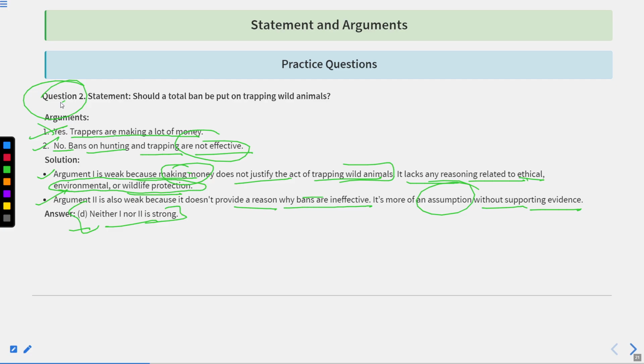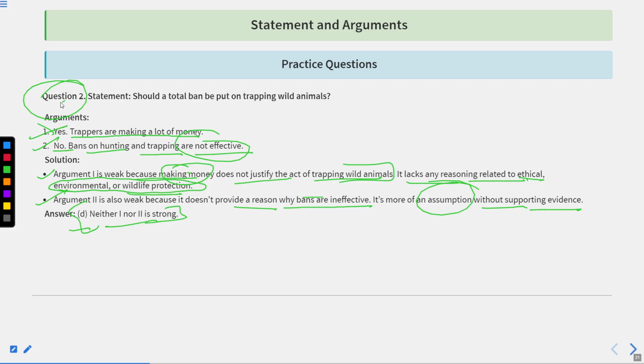You have to practice it again and again, trying to understand what exactly the statement is saying, what exactly the argument is saying. Trappers are making a lot of money. My students might get confused, feeling that, sir, this can be a good reason because trappers are, no, they are doing a bad thing.